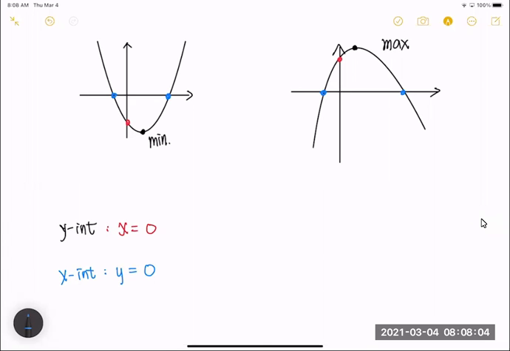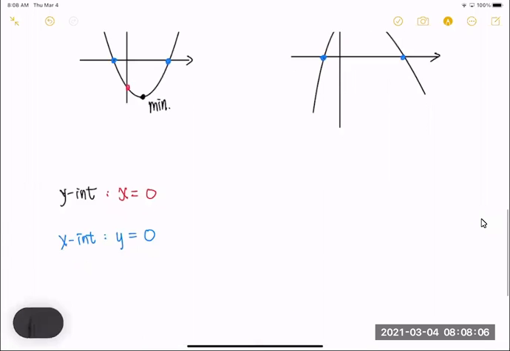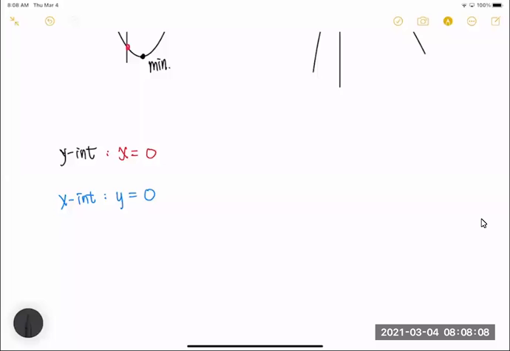Okay, so for example, if I give you the function y equals x squared plus 4x plus 3, and I want you to find the x-intercept and the y-intercept. So x equals 0 gives us our y-intercept, right?